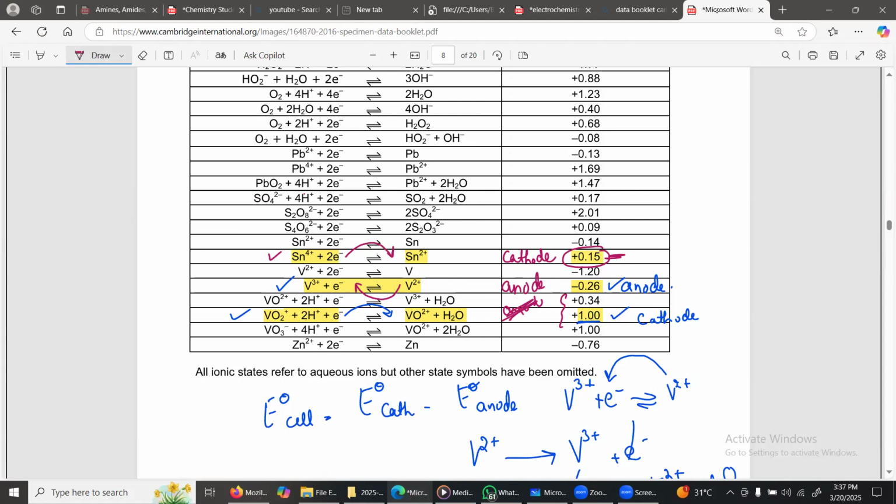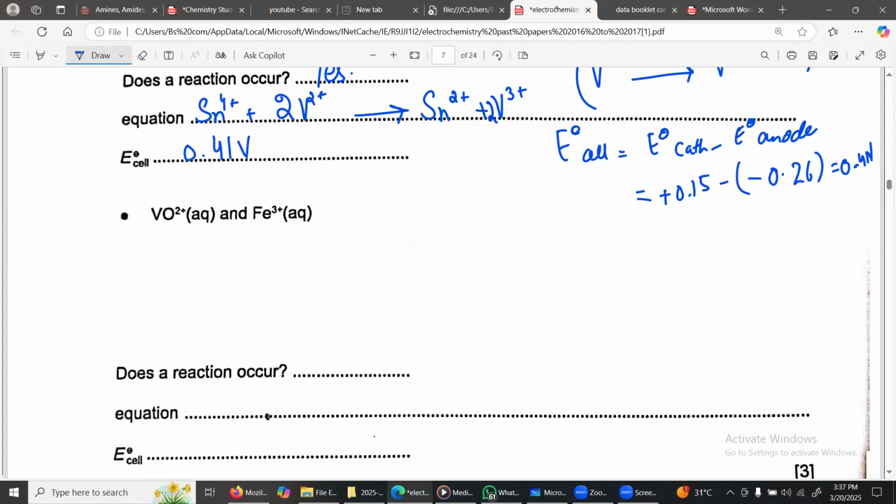And Fe3+ cannot further lose the electrons to form Fe4+. It can only form Fe2+ or Fe3+. And VO2+, its redox potential is greater than that of Fe3+, so it cannot act as an anode. It cannot lose the electron whenever it is reacting with Fe3+.